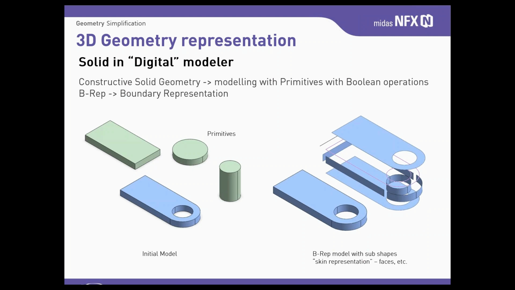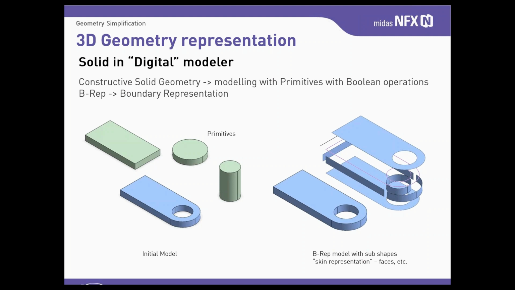The first one is called constructive solid geometry, and using this method, your modeler will give you tools to model geometry using Boolean operations only, and the modeler will store primitives like cylinders and cubes inside the file. To create all of them, you will use operations like union and intersection, simply, as I said, Boolean operations.